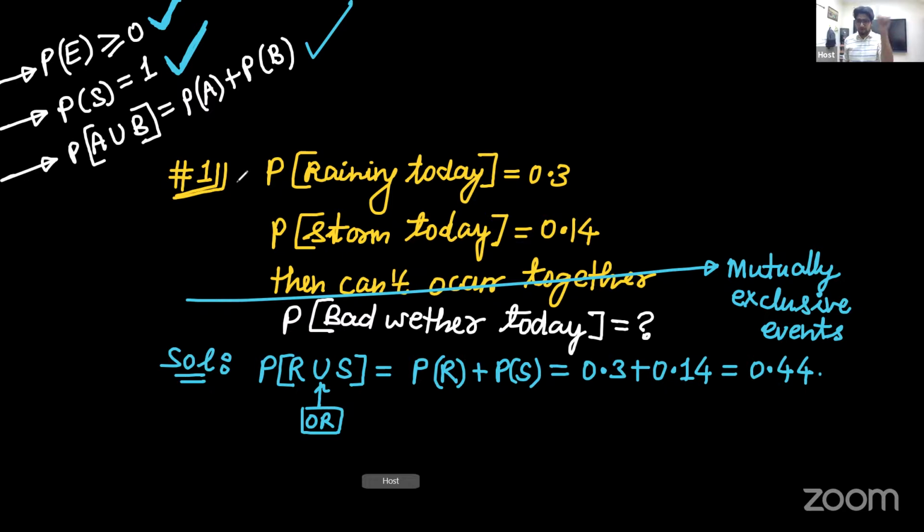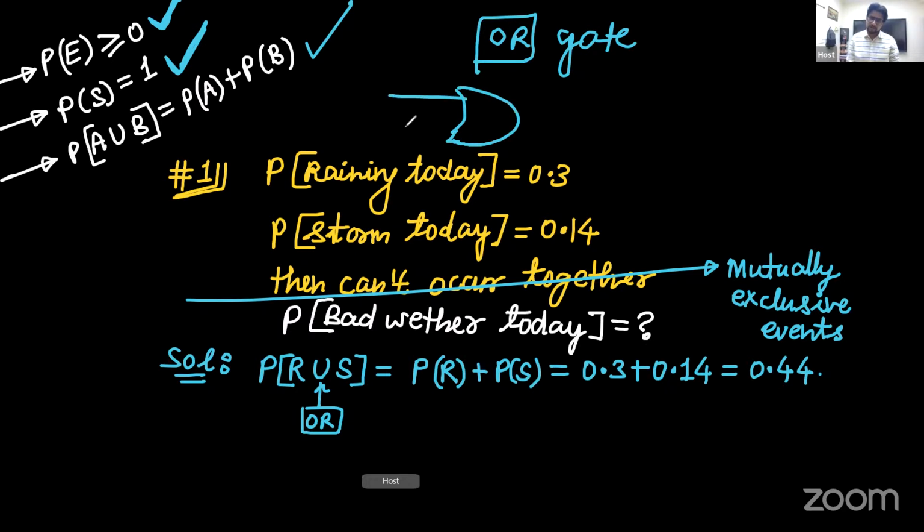I gave you one logic of water coming out of a tap. Another logic is, if you have studied the OR gate in basic electronics. What is an OR gate? If this input is 1 and this is 0, you still get 1; or if this is 0 and this is 1, you also get 1.